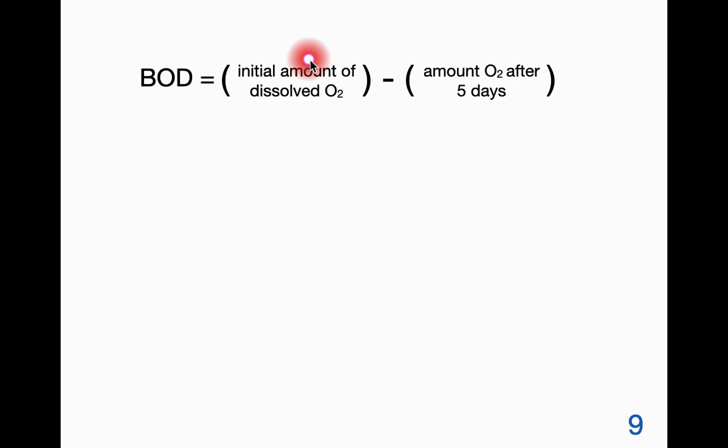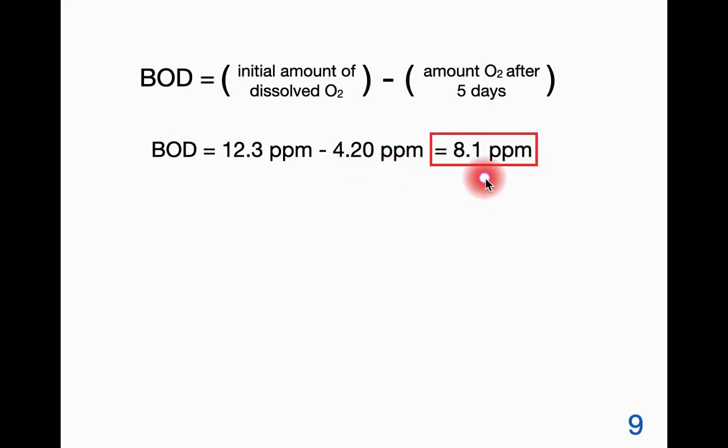And the initial amount was given in the problem itself. So initially we had 12.3 parts per million, and now we just calculated we have 4.20 parts per million. So that means that the biological oxygen demand was 8.1 parts per million, which means there was something living in the water to consume the oxygen.